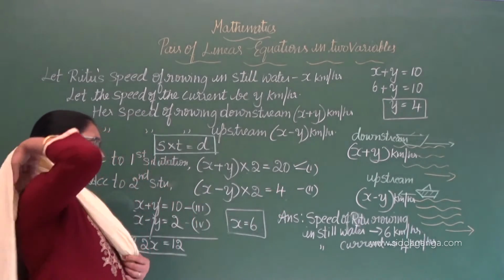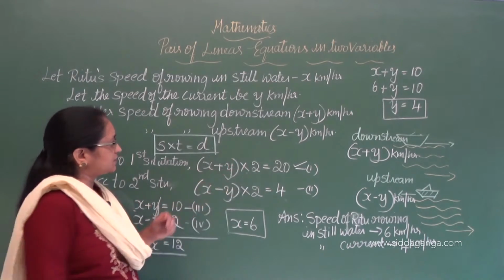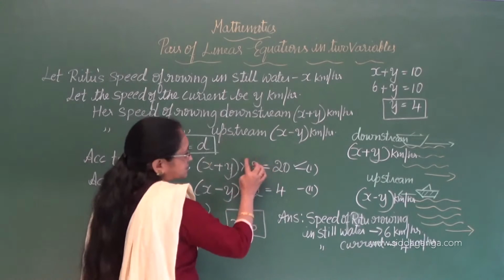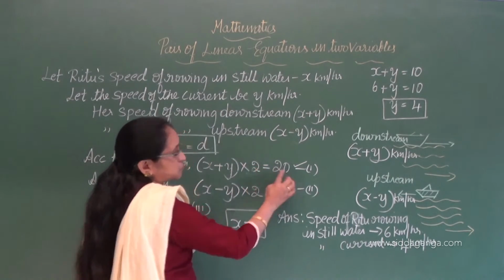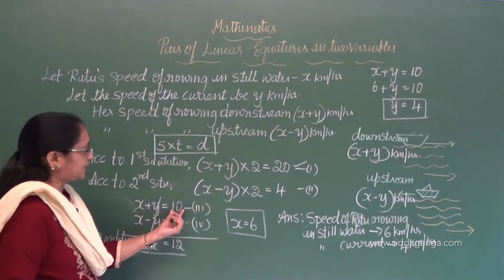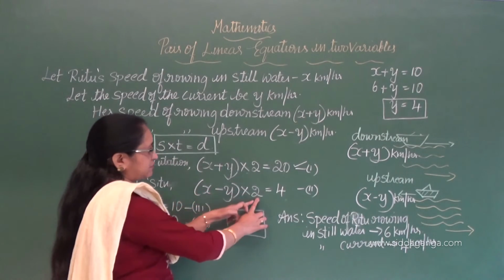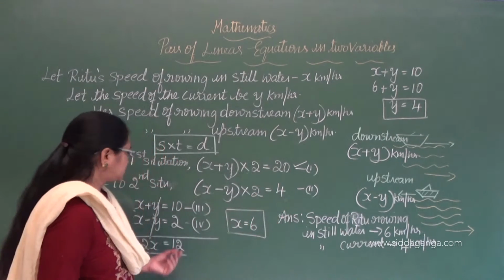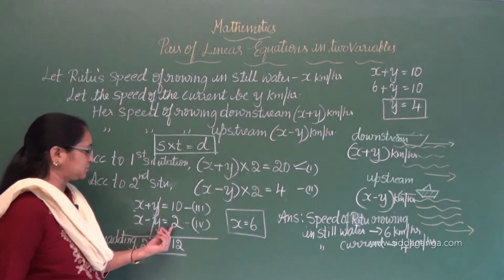Understood? Now once you got this, instead of multiplying, I just divided 20 by 2 by transposing. So you will get x plus y is equal to 10, and here also I did the same thing. So 4 was divided by 2. So here x minus y is equal to 2.